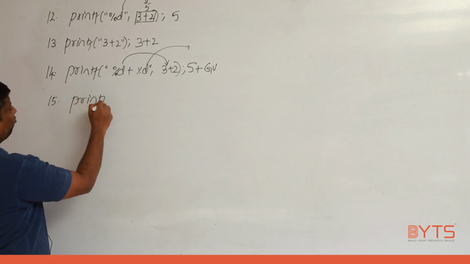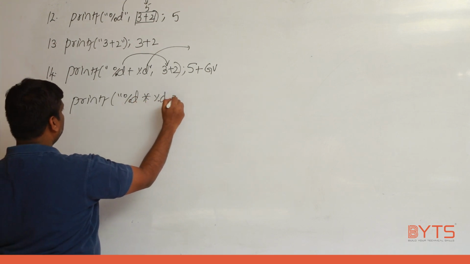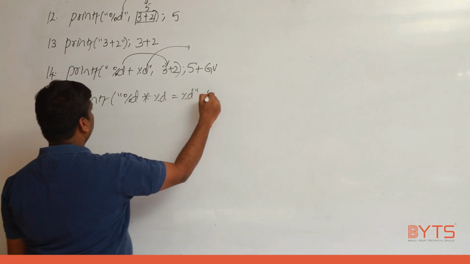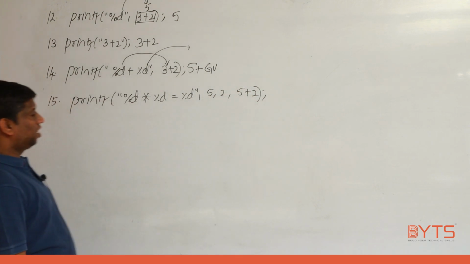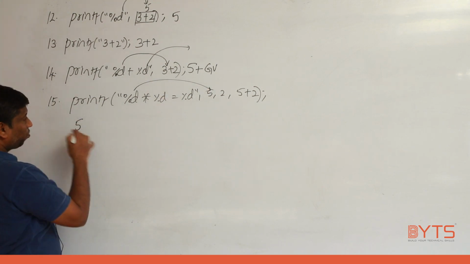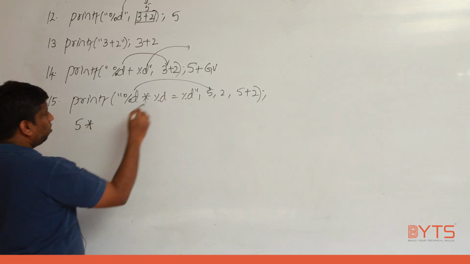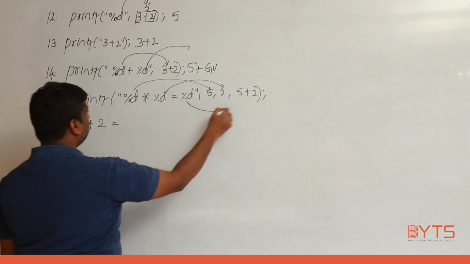Next 15th one. Let us take printf percentile D star percentile D equal to percentile D 5 comma 2 comma 5 plus 2. Can you please guess what is the output? Percentile D is replaced with the 5. Star means star. Percentile D is replaced with 2. Equal means equal to.